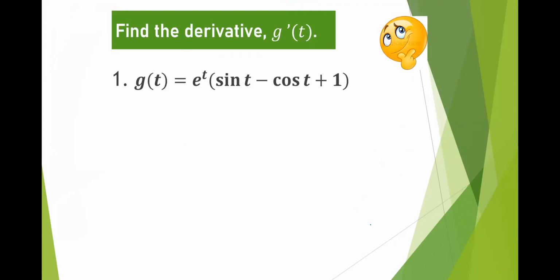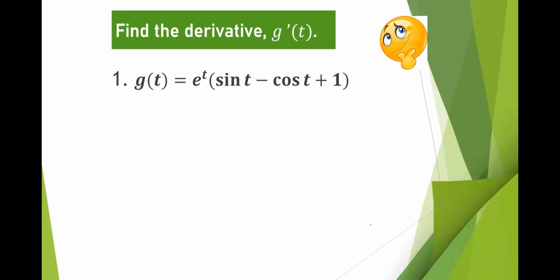All right, so let's go to the next part. Let's find the derivative of this expression with respect to t. We're getting g prime of t. You can pause the video if you want to get a scratch paper and do this first on your own. Okay, let's check your answer.